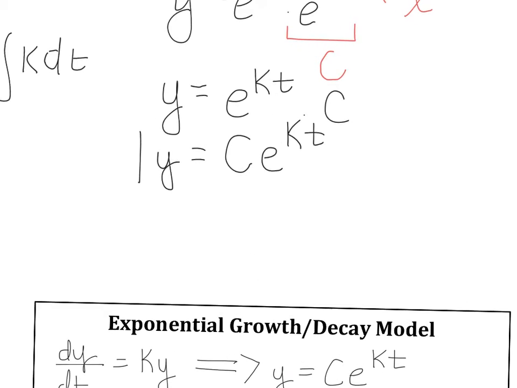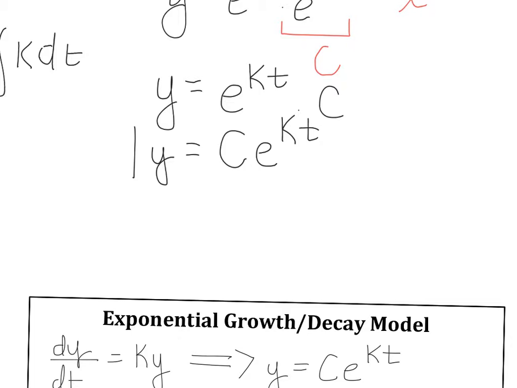Also, just a couple of little vocabulary pieces here. In this case, C is going to correspond with your initial condition, right? And by initial condition, of course, we mean the amount at time 0, right? And hopefully you can see that if t goes to 0, right, e to the 0 is 1, therefore y of 0 is c, right?